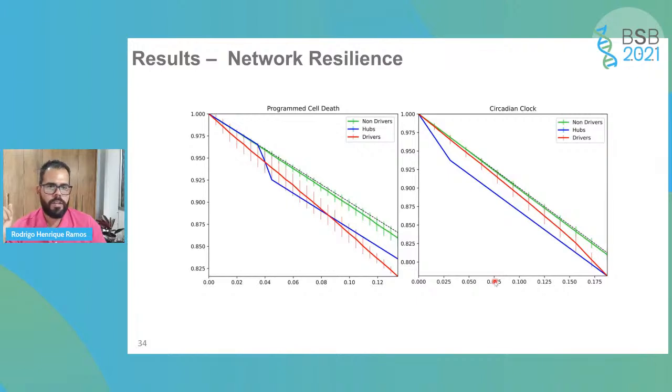And lastly, we talk about these two superpathways where we see a differentiation between drivers, no drivers, and hubs. As you can see here, in circadian clock, we have a different behavior. And in the programmed cell death, it's a very important pathway to cancer, it's a hallmark of cancer. The removal of drivers breaks the network more than the removal of hubs. It's something to be further explored.